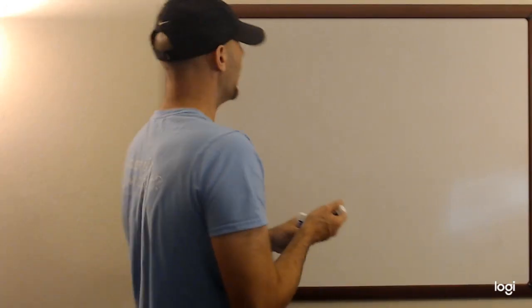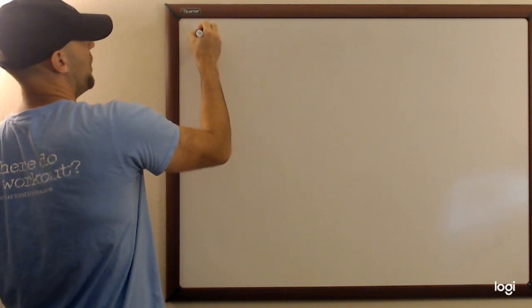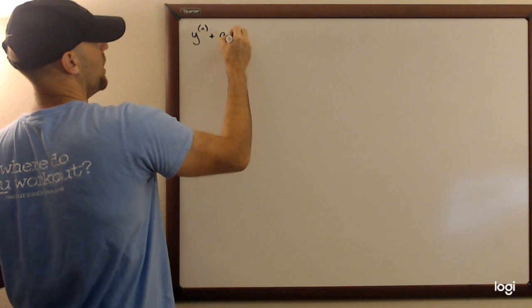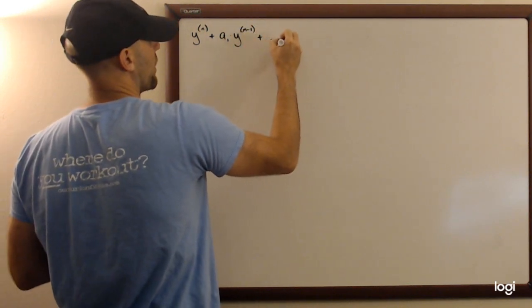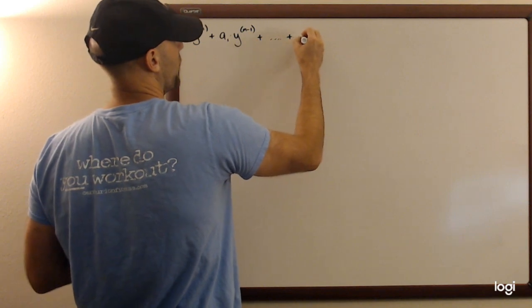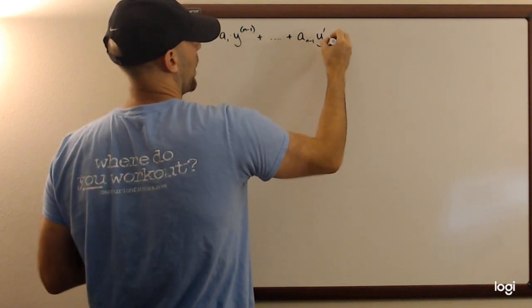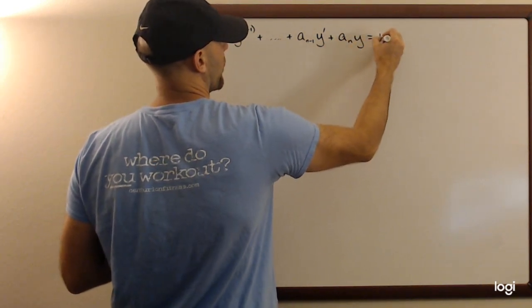If you have again, some nth order differential equation, so we've got a sub 1, n minus first derivative, et cetera, all the way down to a sub n minus 1 y prime plus a sub n y is equal to f.